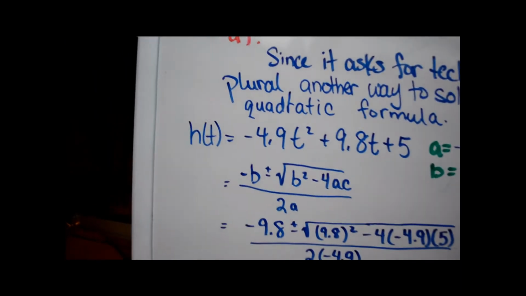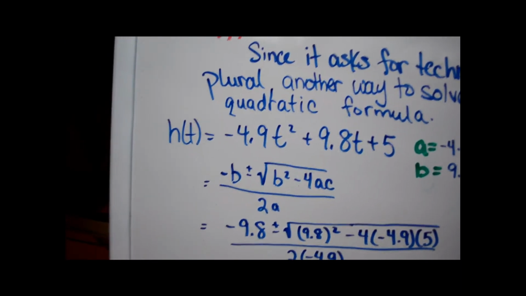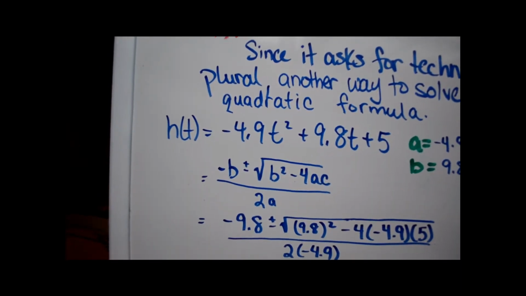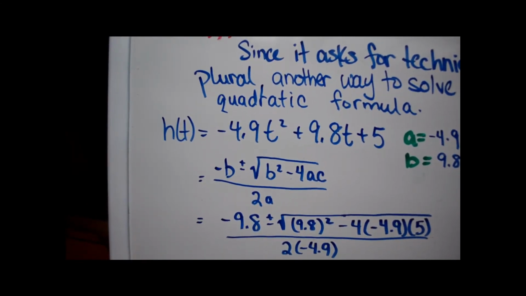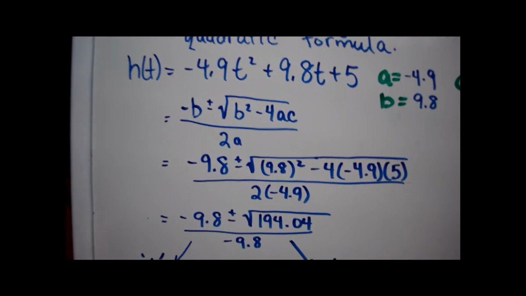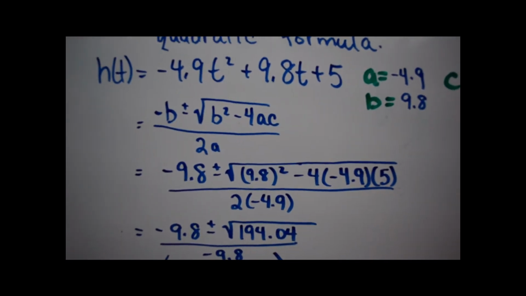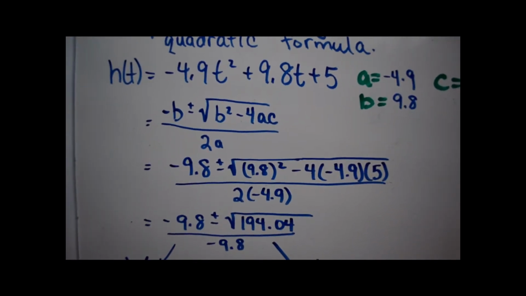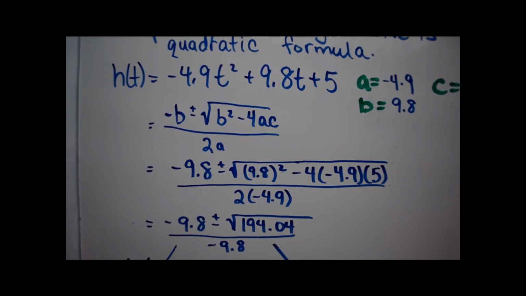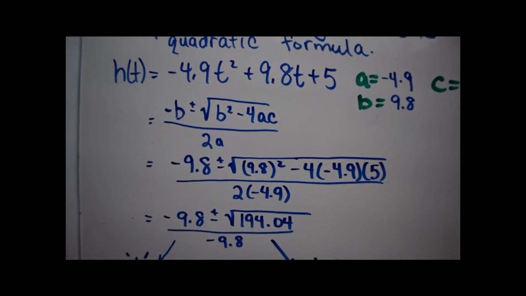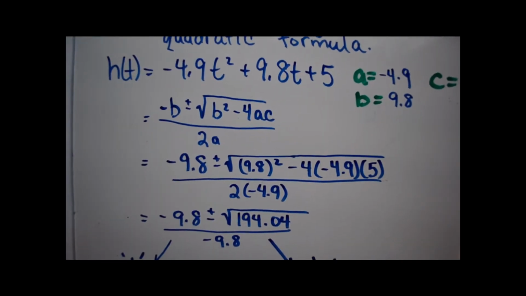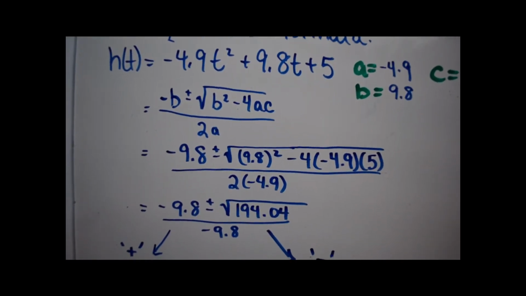Then we plug it into our quadratic formula, which is negative b plus or minus the root of b squared minus 4ac all over 2a. So then we get negative 9.8 plus or minus the root of 9.8 squared minus 4 times negative 4.9 times 5 all over 2 times negative 4.9.